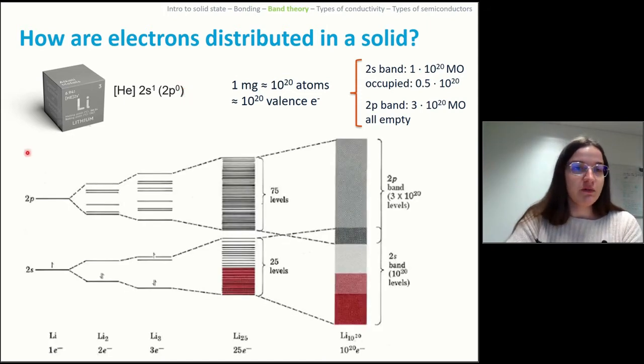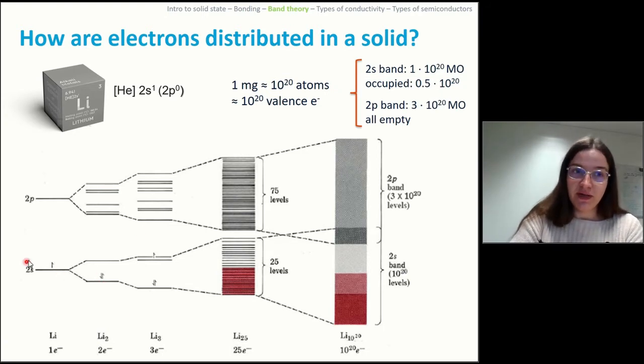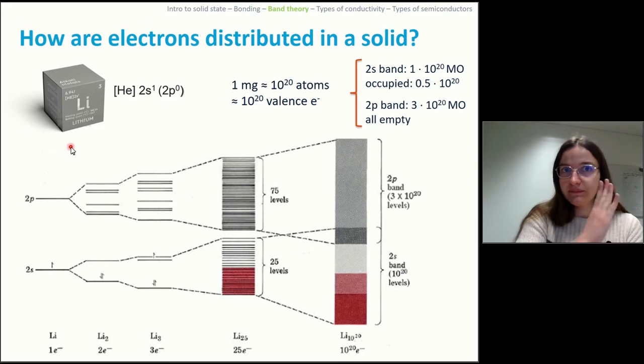So when we put it in sequence, this is your isolated lithium atom. If you try to put 2 of them, then you end up with 2 s orbitals, and then you end up with 6 p orbitals, because it's 3 and 3 of the other atom, so 3 atomic orbitals, 6 molecular orbitals in between.